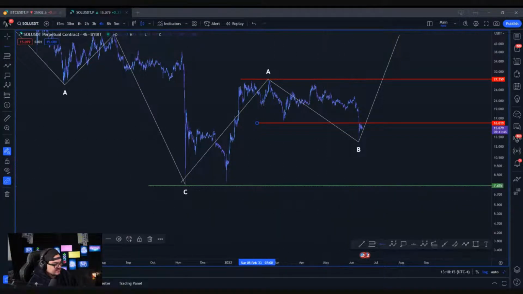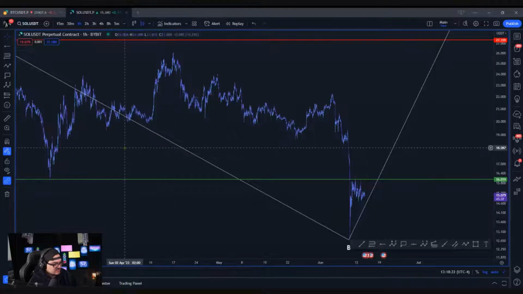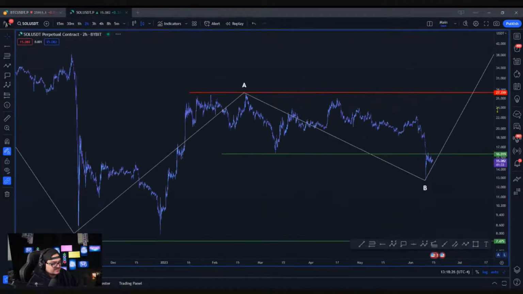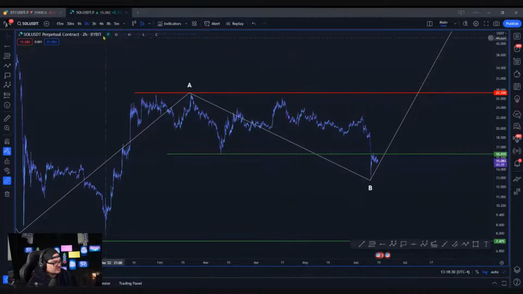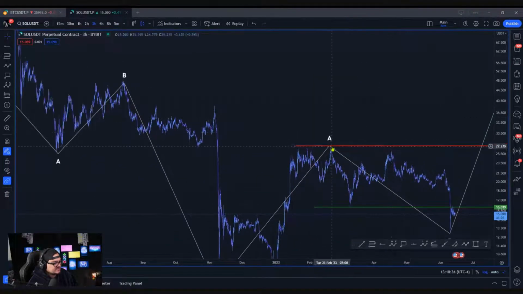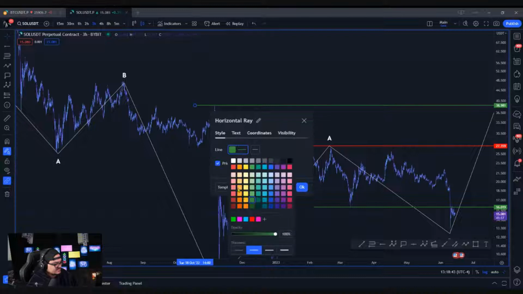Based on what I see, it looks like we came up and tested it a couple times. Yeah, we tested it twice so far. But that is the entry I'd be looking to take for Solana. If this is going to be a much larger potential bullish setup, something to keep in mind once we break above 27, if we do get up there, I would say 30, 38 is the next area of resistance.